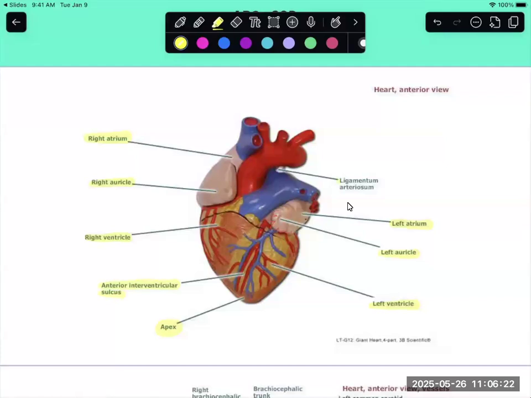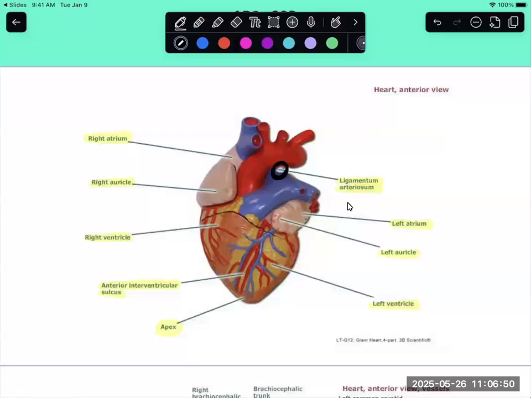Here we also see the ligamentum arteriosum. This is a little ligament found in here. During prenatal life, this used to be a little blood vessel, because during that fetal development, the heart just works to move the blood around the body.